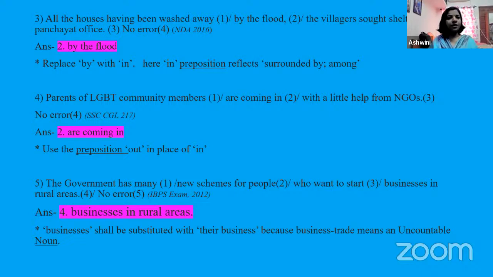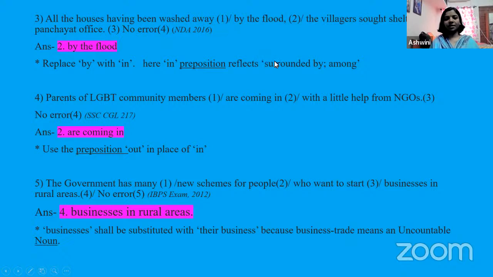Now here the right answer is "by the flood". Here the wrong preposition is used. Instead of "by", we have to use "in", because the preposition "in" reflects being surrounded by or among.